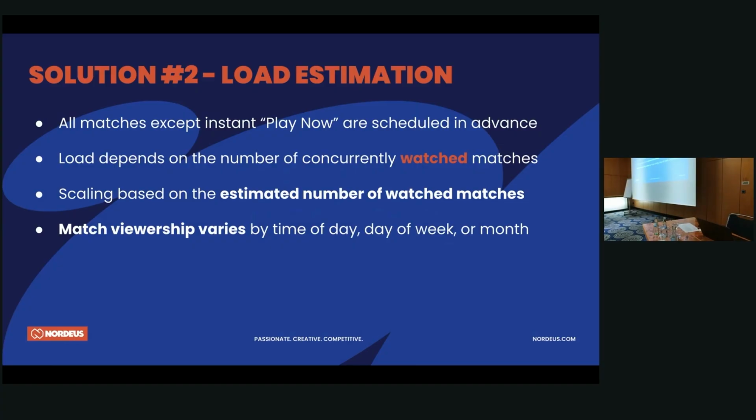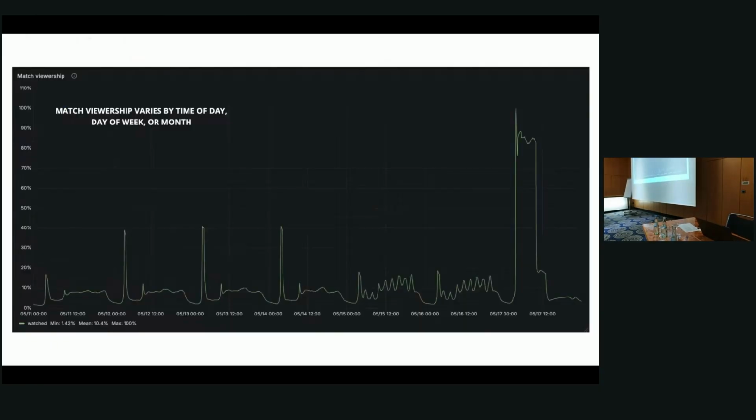But how to estimate it? Match viewership varies by time of the day, day of the week, or month. You can see here how it goes, from 5% to 100%. So it was hard to predict how many matches will be watched at the same time.